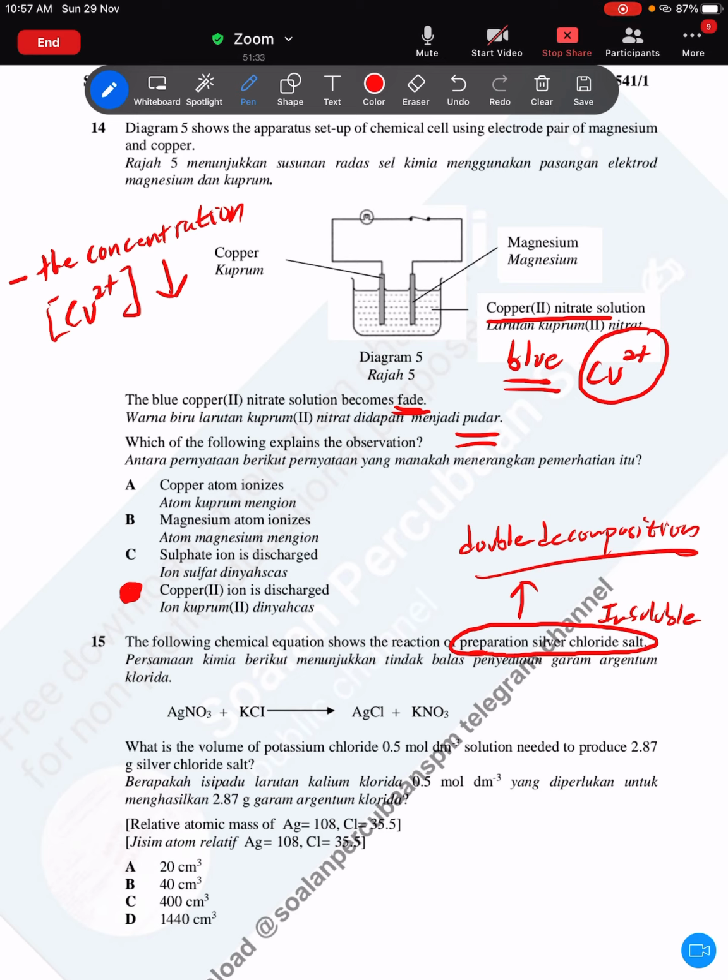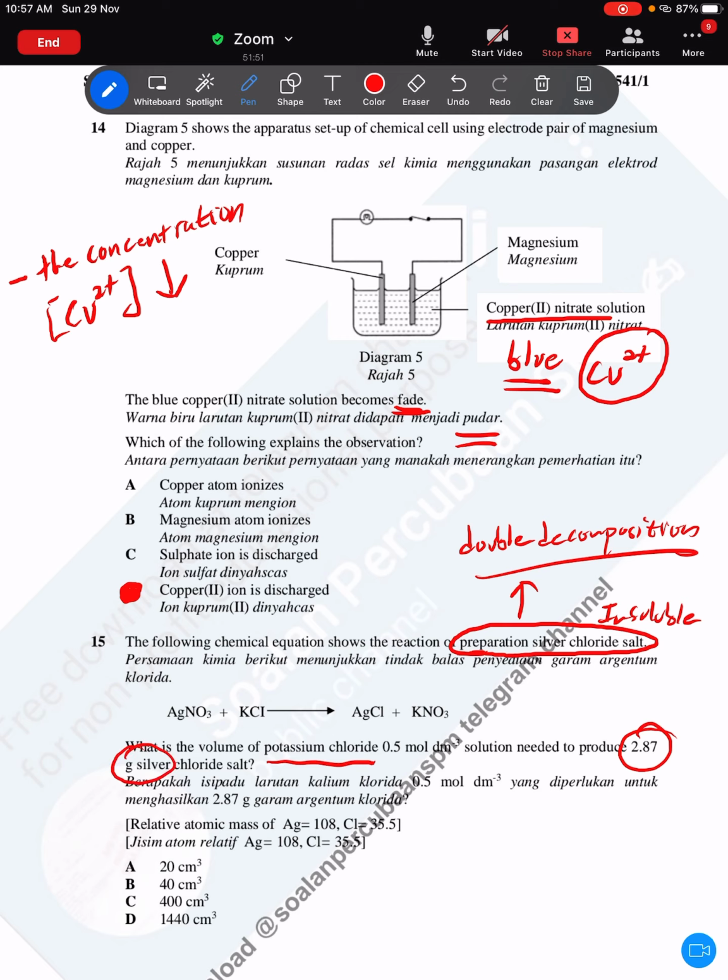So, what is the volume of 0.5 potassium chloride solution needed to produce 2.87 gram of silver chloride?